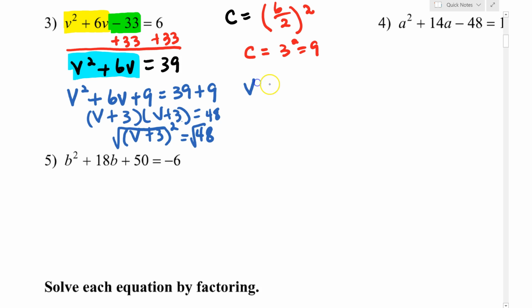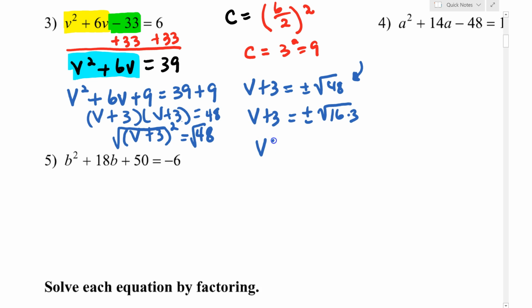So you have v + 3 = ±√48. 48 can be simplified: v + 3 = ±√(16 × 3). So v + 3 = ±√16 × √3. Subtract 3 from both sides, so v = -3 ± 4√3.